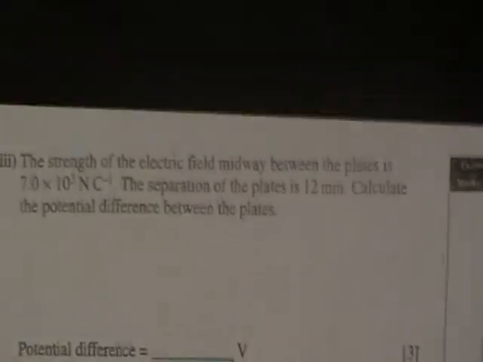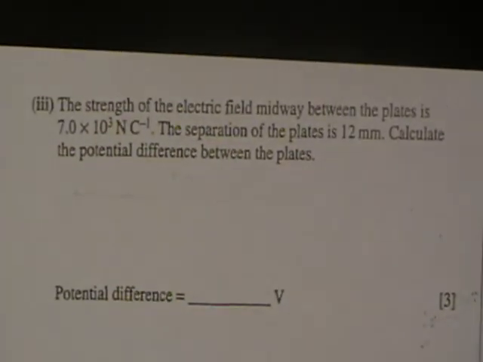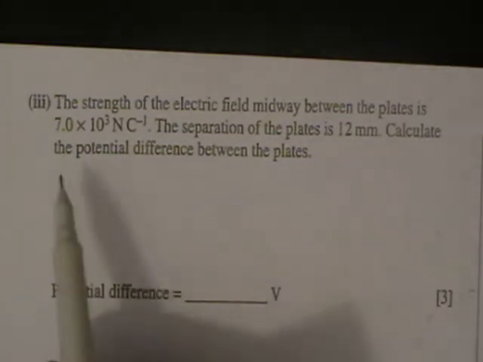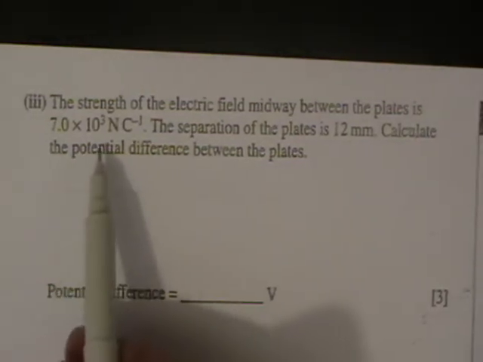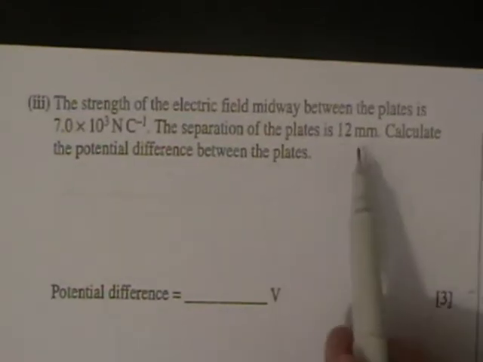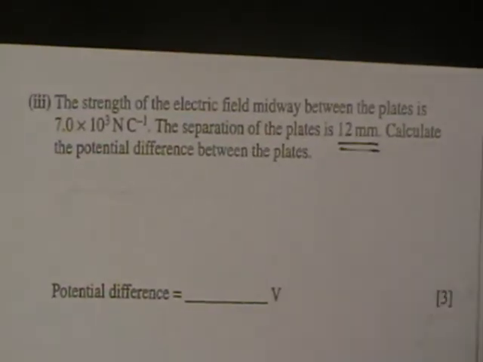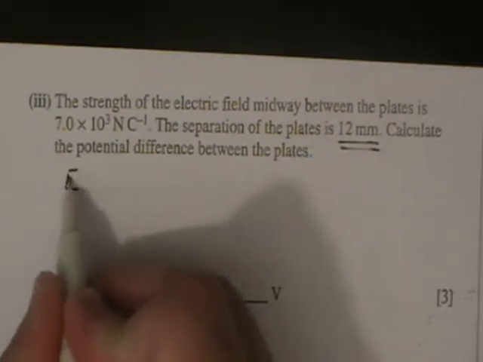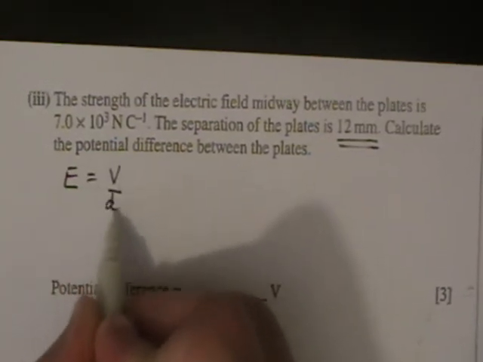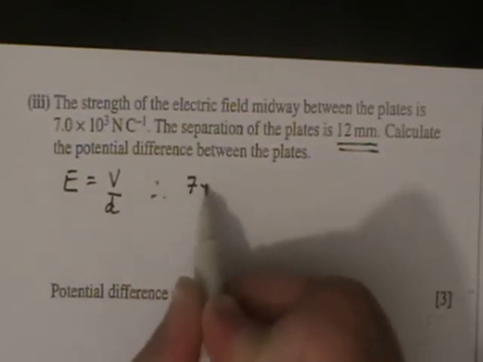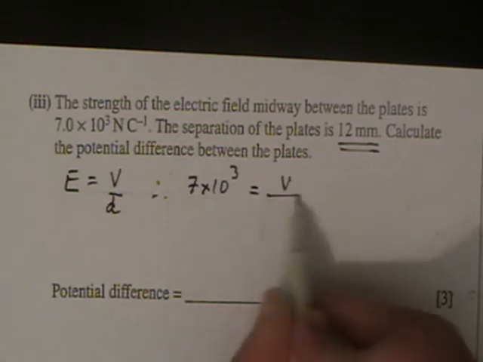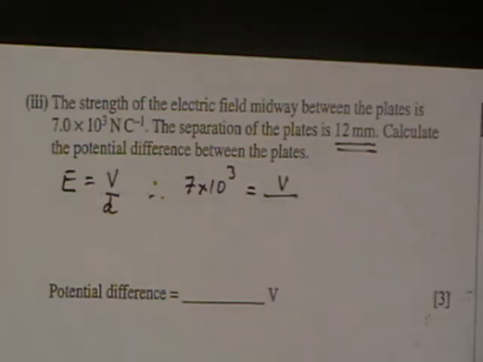And then finally, what's the strength of the electric field midway between the plates? We're given the strength is 7 times 10 to the 3 newtons per coulomb. Separation is 12 millimeters. Just be careful there, millimeters. Calculate the PD. Well, I've just said that the equation is E equals V over d. Therefore, we can say 7 times 10 to the power of 3 is equal to V divided by 12 millimeters.